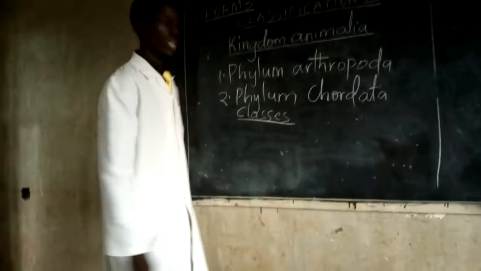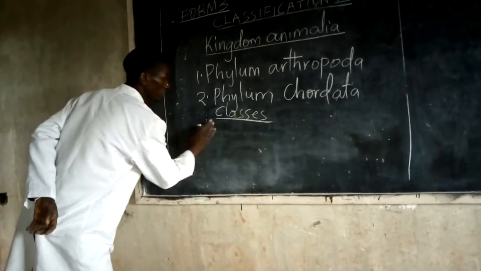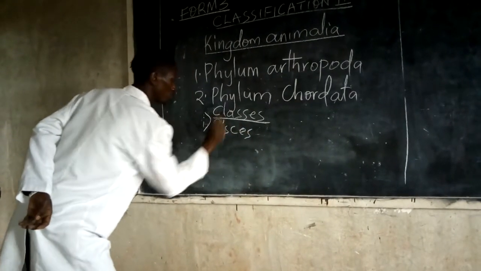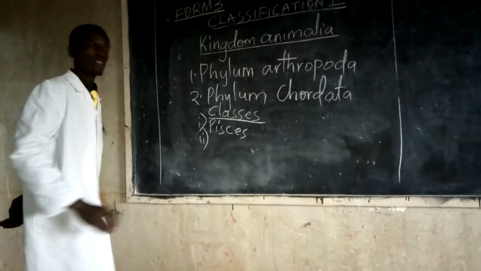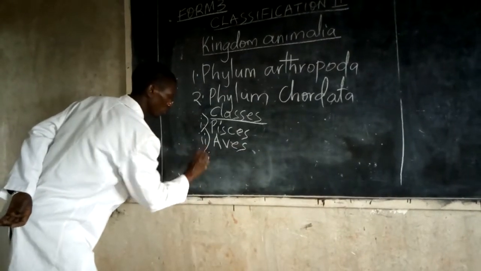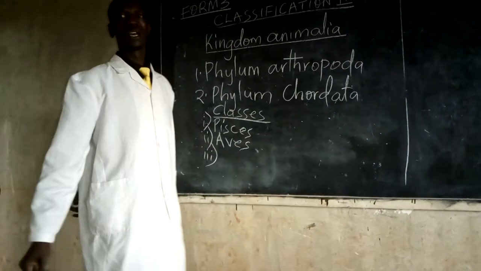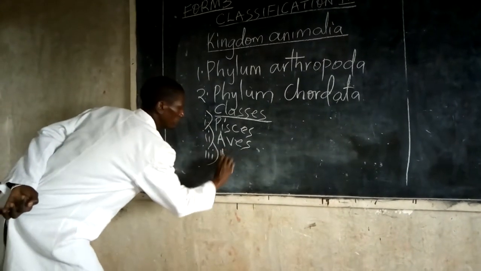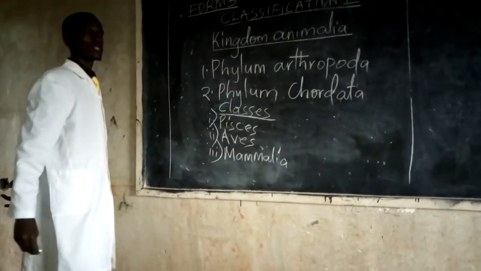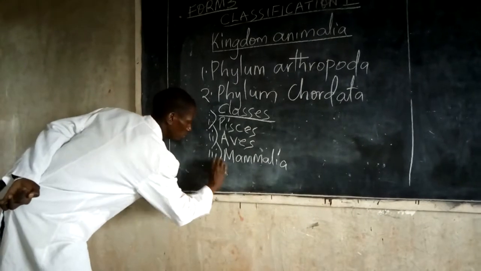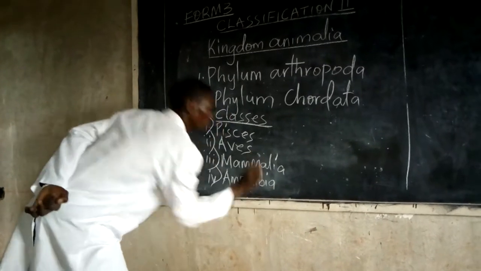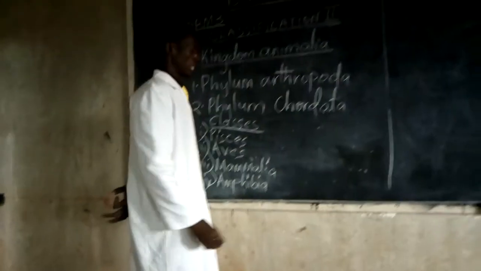Classes under phylum Chordata include class Pisces, we have class Aves, we have class Mammalia, we have class Amphibia, and finally class Reptilia.